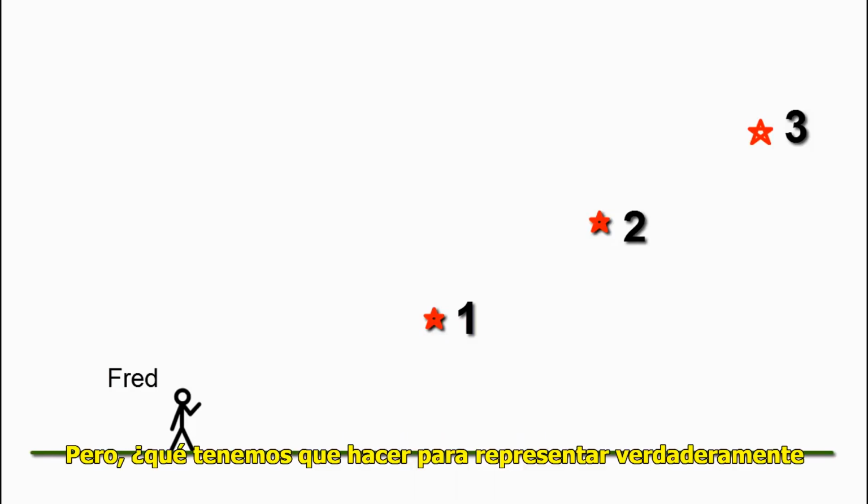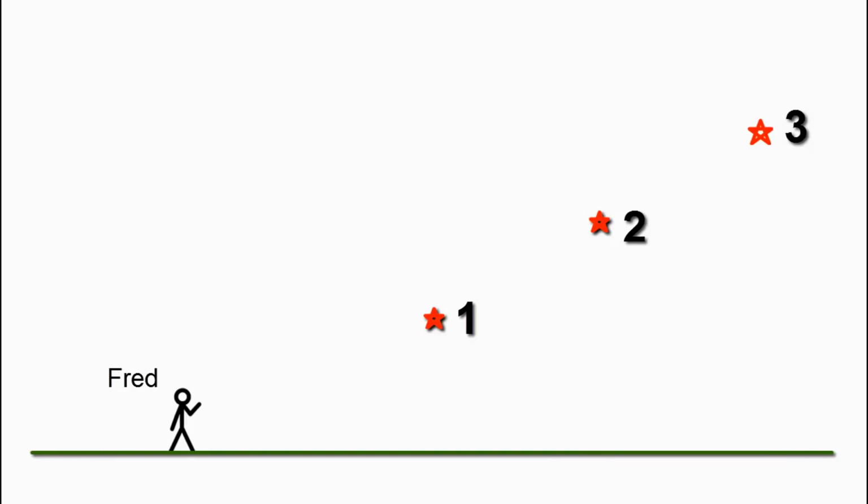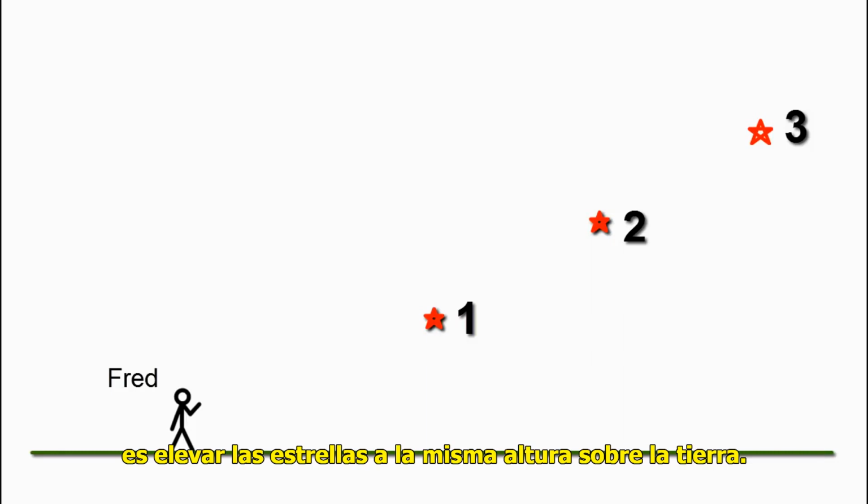But what we have to do to truly represent Fred's multi-dimensional perspective from the Earth in this two-dimensional external reference frame is to bring the stars up to the same height above the Earth.